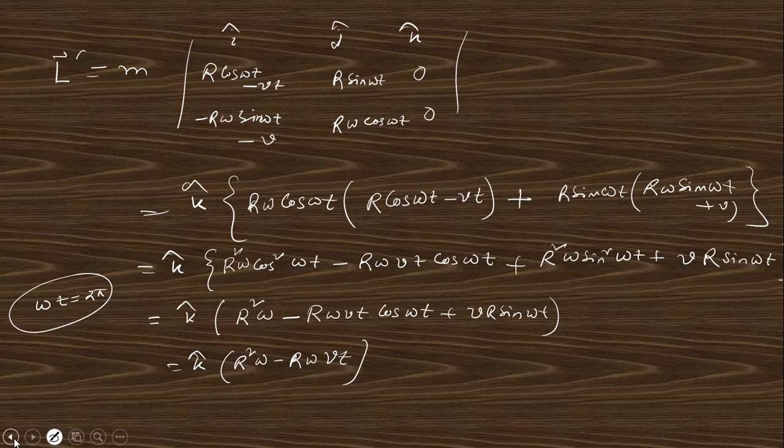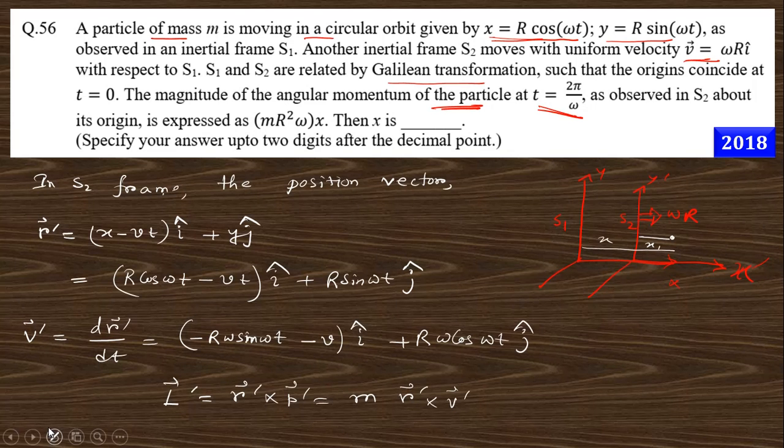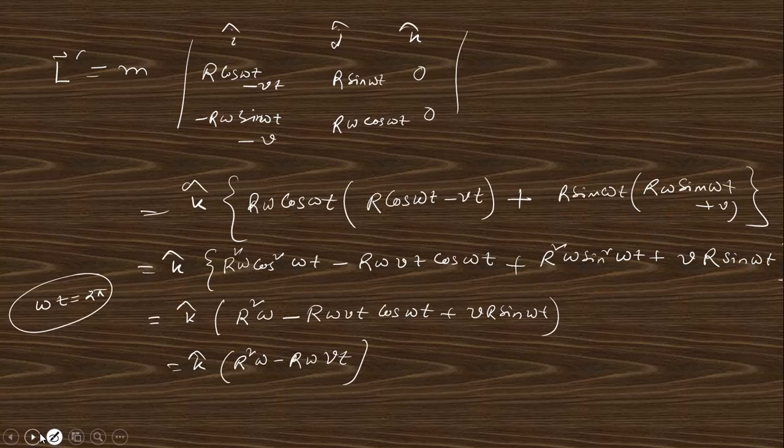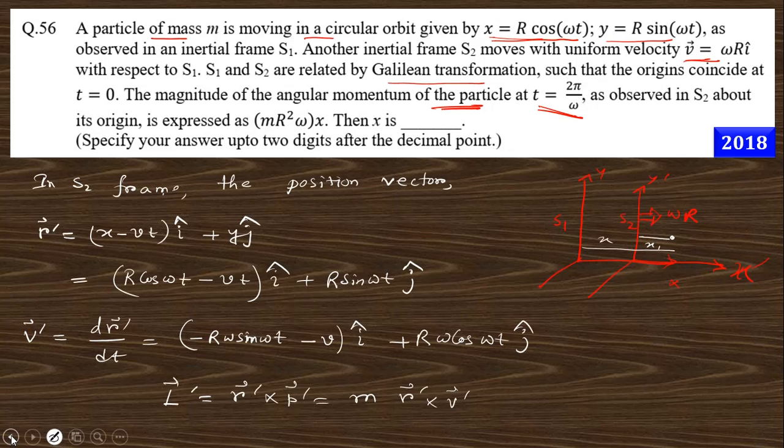Then if you want to find only the value, there is a missing m: m omega r square minus m omega v t.